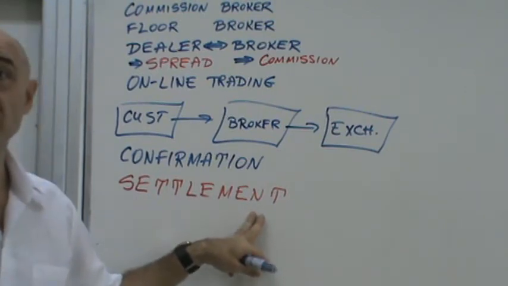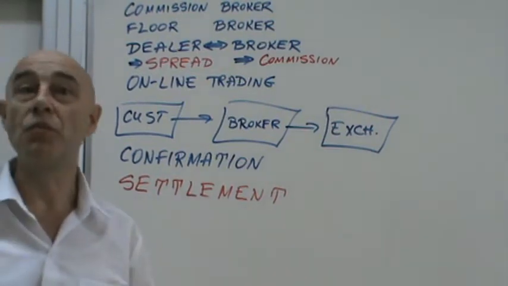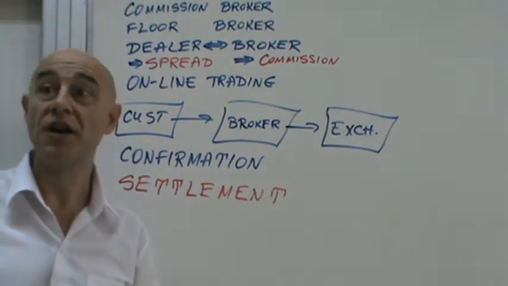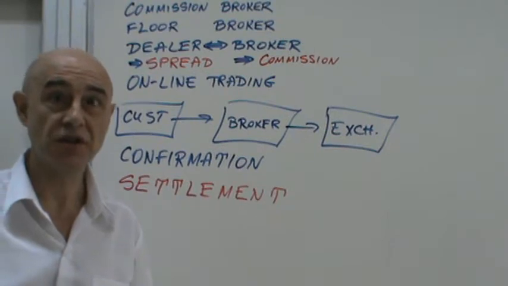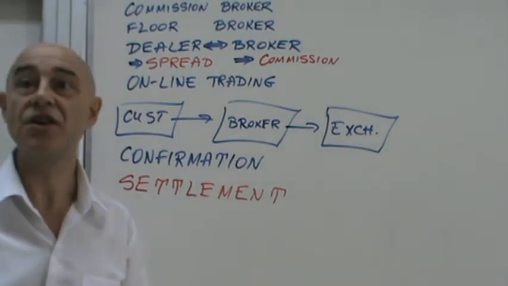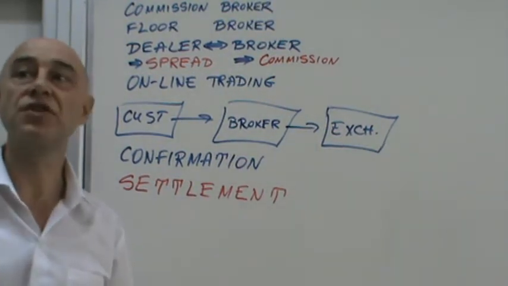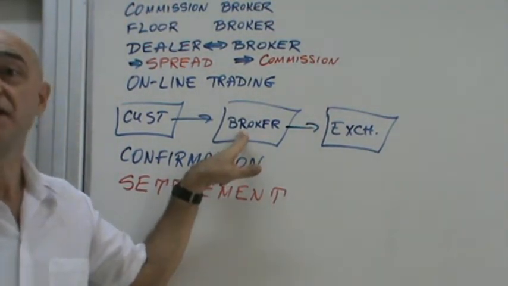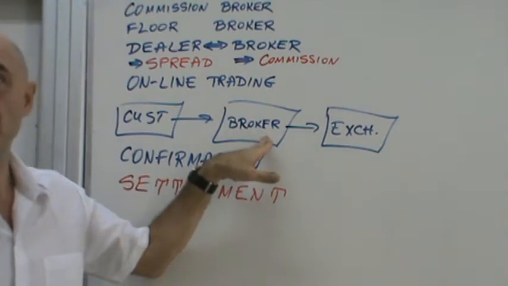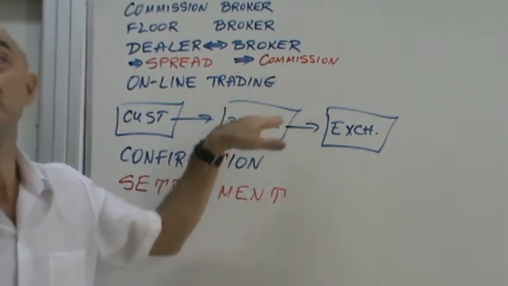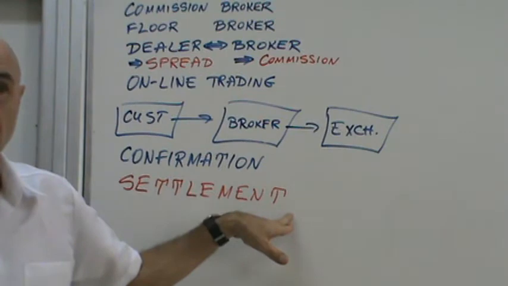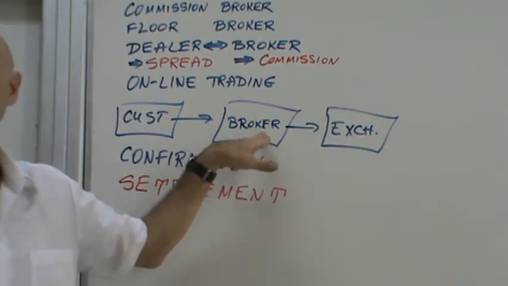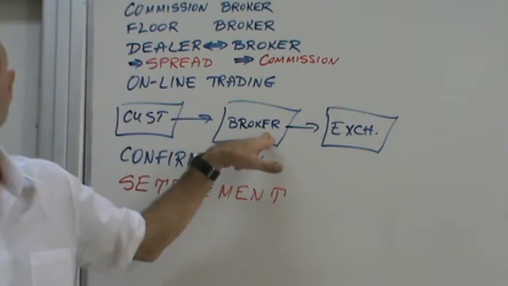So settlement will mean that if you bought shares, 3 days later you will pay the cash, and 3 days later the seller will deliver the stocks to you. Usually, in this particular case, it's going to be the broker, because you keep your money with the broker, who will pay to another broker, okay? And the other broker will deliver the securities, the stocks, to you.